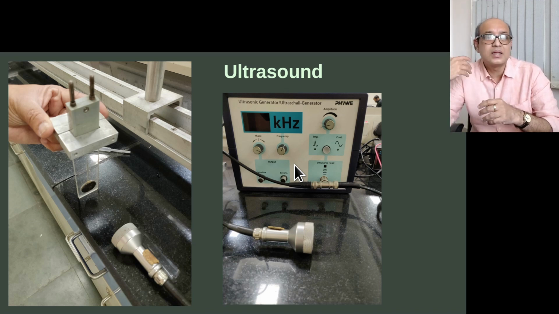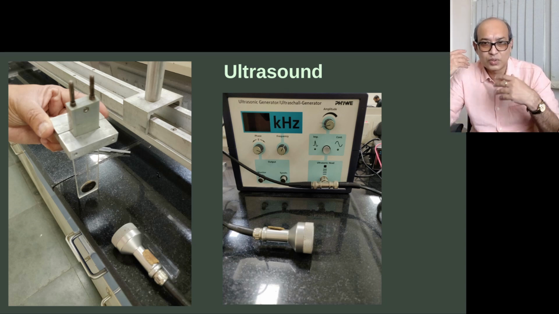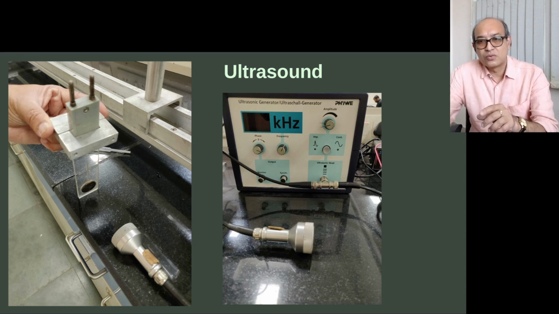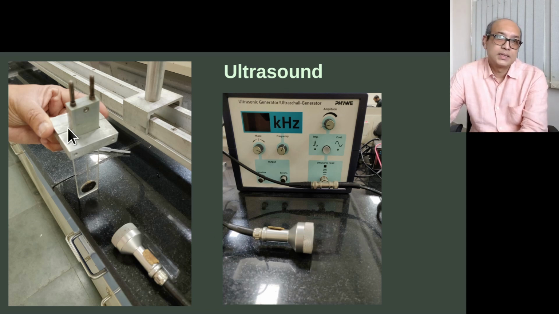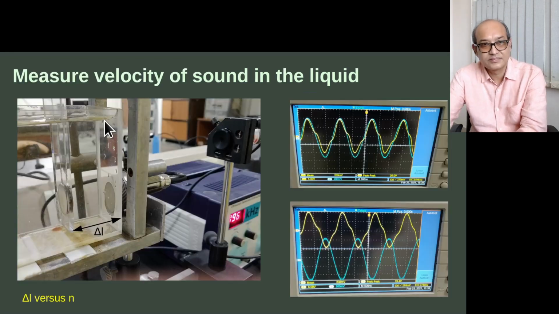We can't hear anything beyond 20 kilohertz, so it's far above what we can hear. So this head is connected to this box, and once you switch it on, adjust the amplitude, adjust the frequency, it's producing ultrasound. And this is the receiver, this tiny object. It basically catches this sound, and we can measure that.